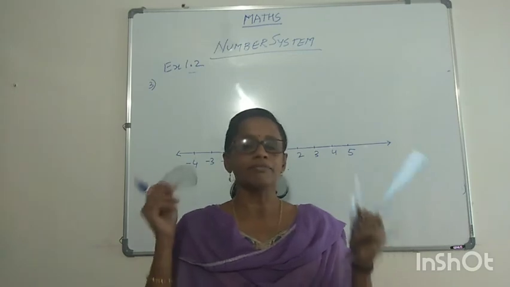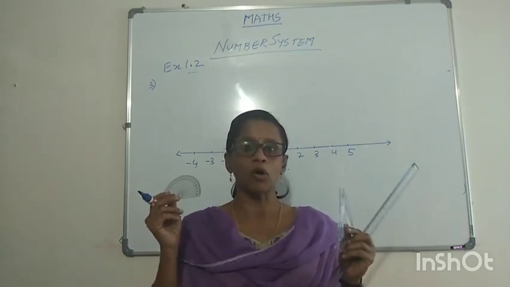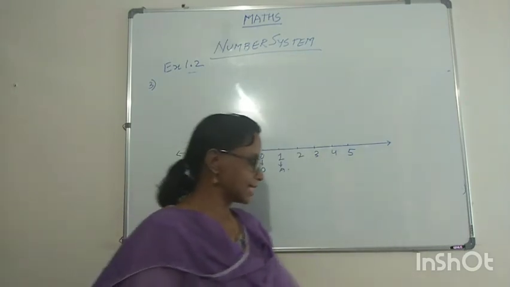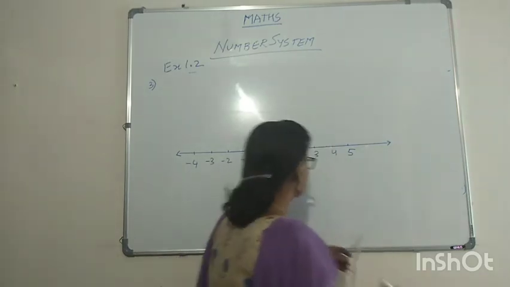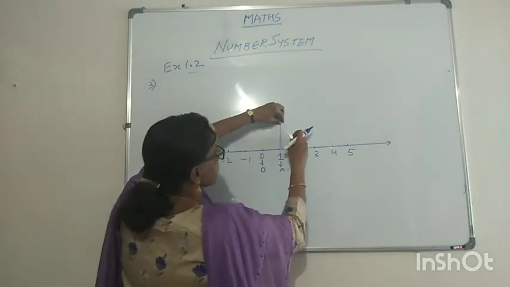So what we are doing, we are trying to get a 90-degree line at the point A. So let's see how to get the 90-degree line at the point A. We keep the set square and get the 90-degree line like this.